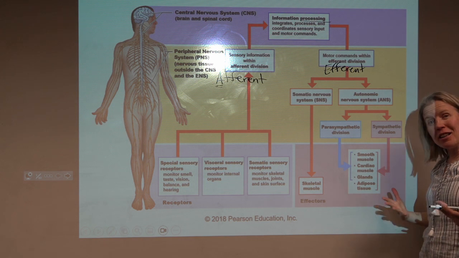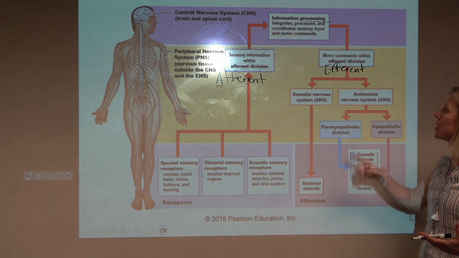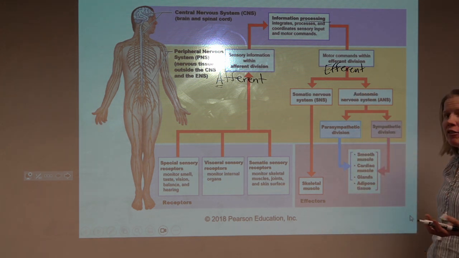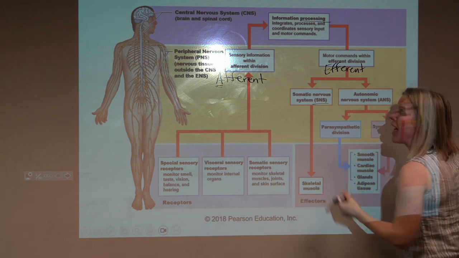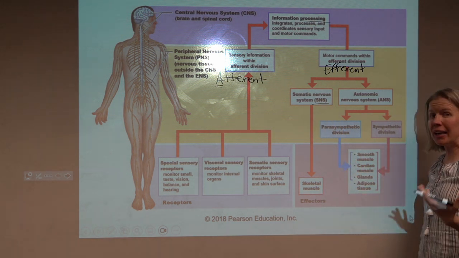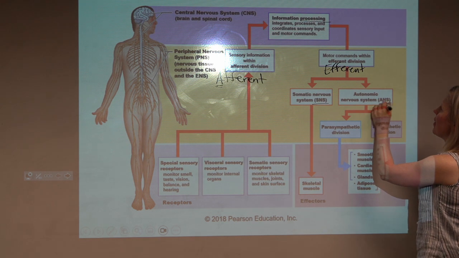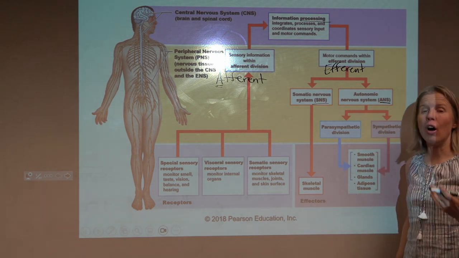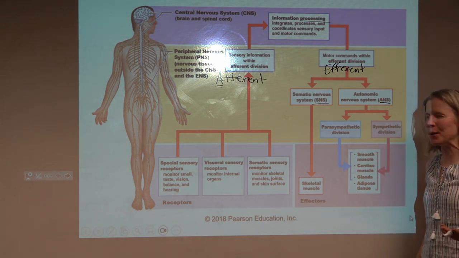Again, dividing the nervous system, trying to make it make more sense, we can divide that efferent division into the SNS, the somatic nervous system, and the ANS, the autonomic nervous system.